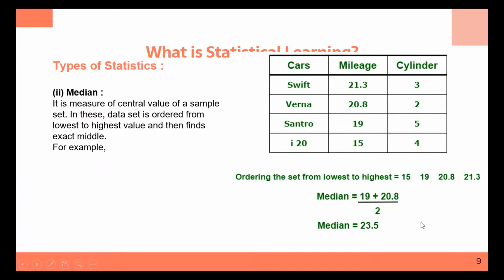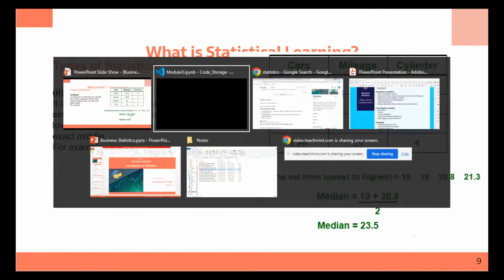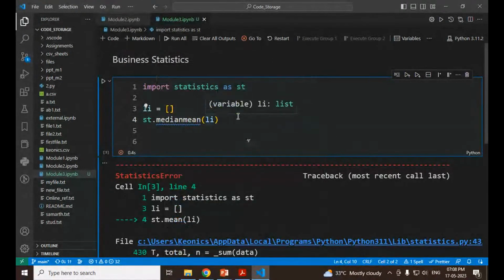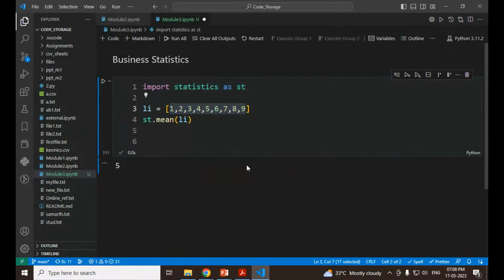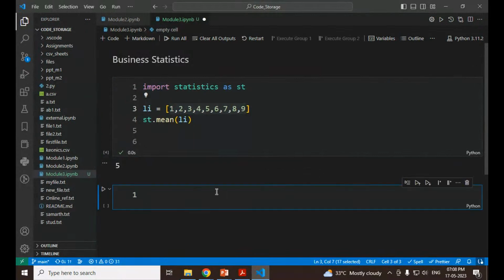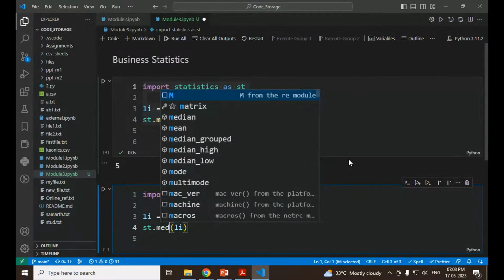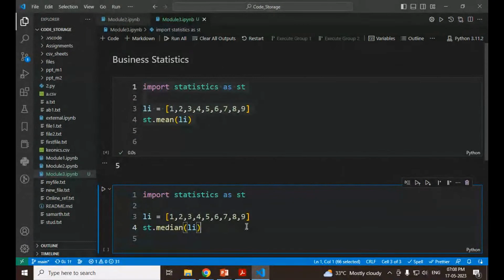You want to find out the median. What is the median? 25.